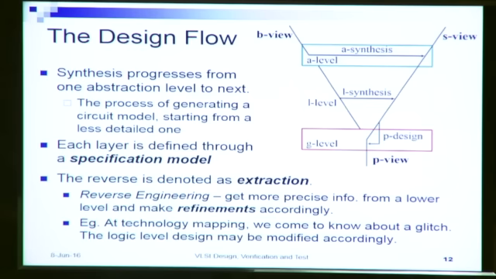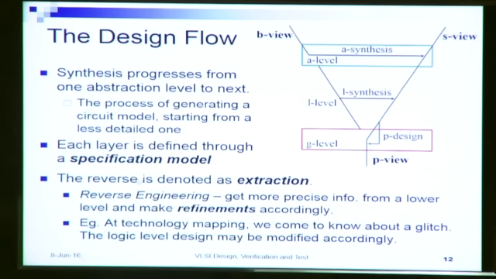And at each level, the design first starts with a specification. So the behavioral description described formally in terms of the program is a specification. That specification is synthesized. So we have this behavioral view at the architectural level here, and from this abstraction we get into another abstraction of the circuit through this synthesis process, and we obtain a structural view.